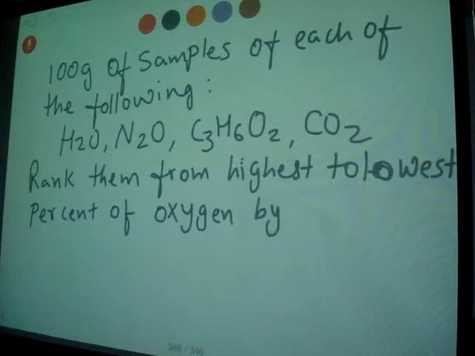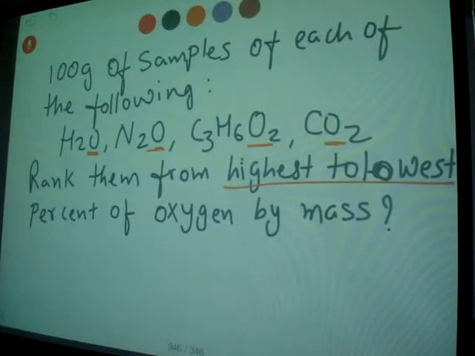So that means you need to find the mass percent of oxygen in each of these compounds, and then rank them from highest to lowest.